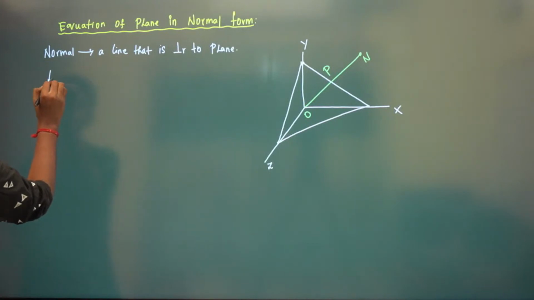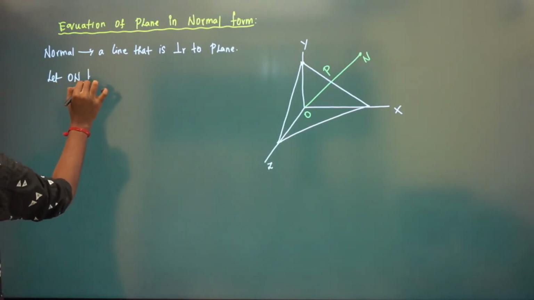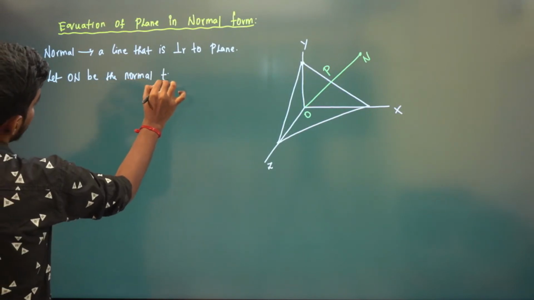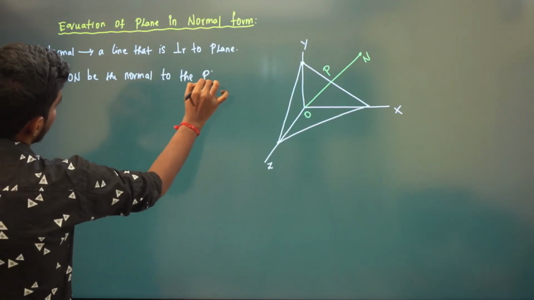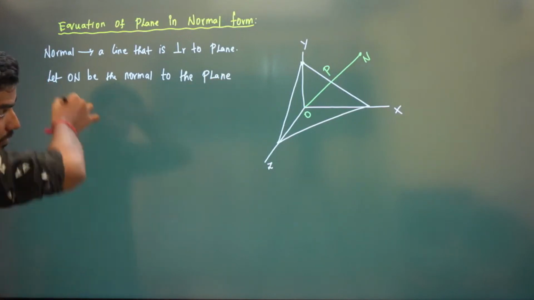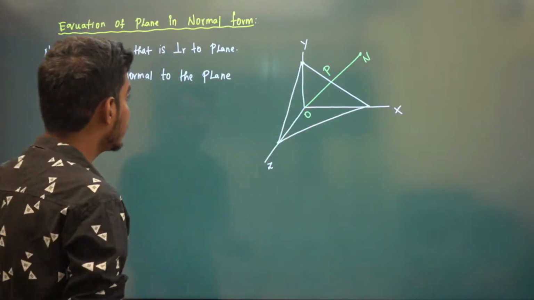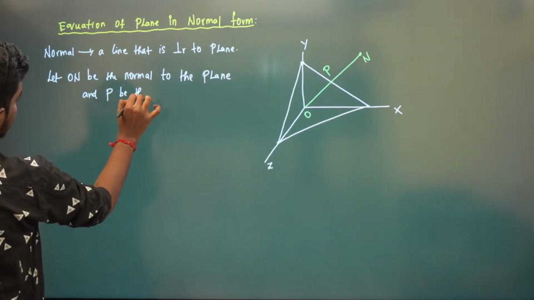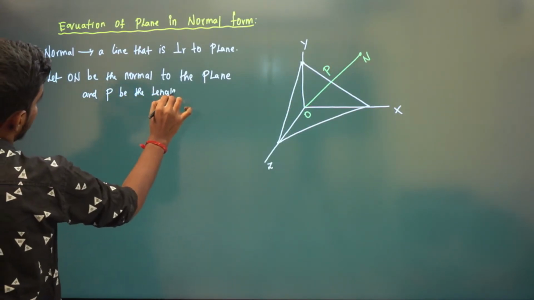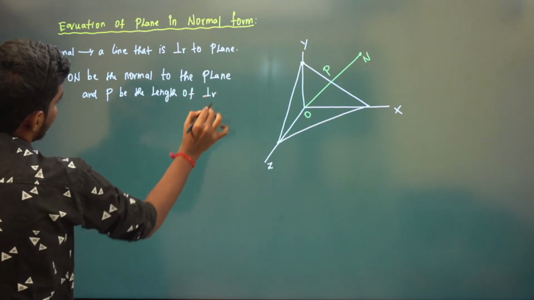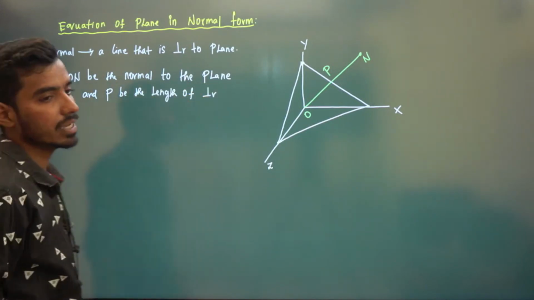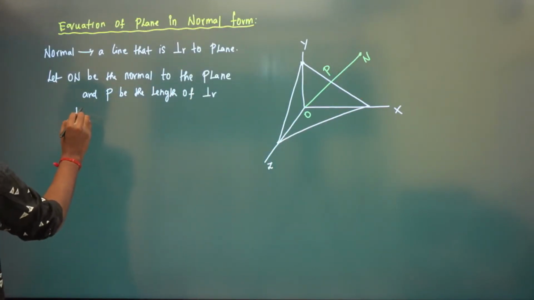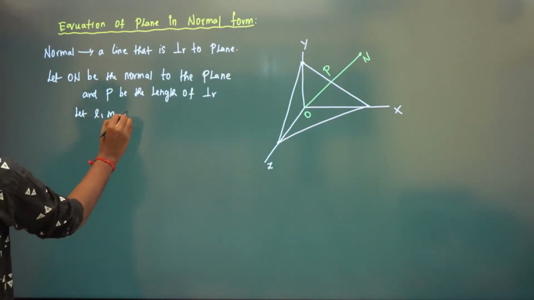Let ON be the normal to the plane, let P be the length of the perpendicular, and let L, M, N be the direction cosines of ON.